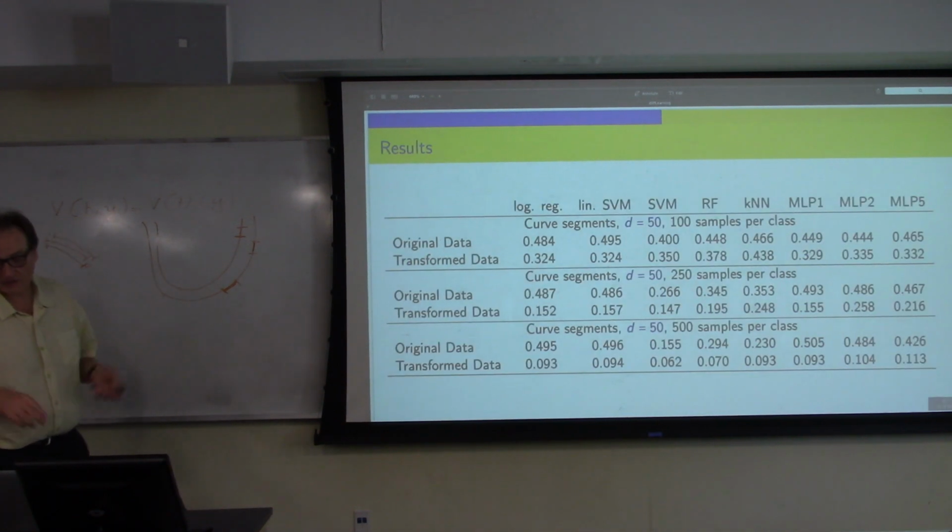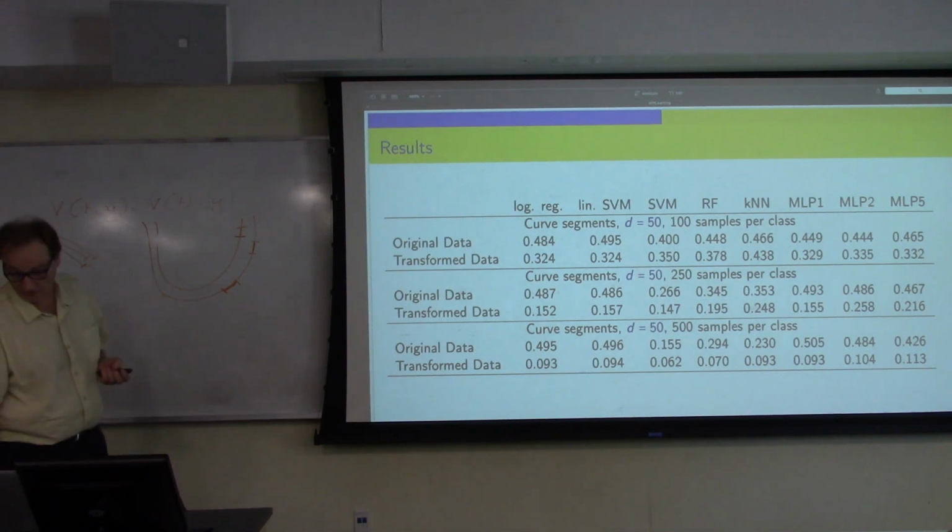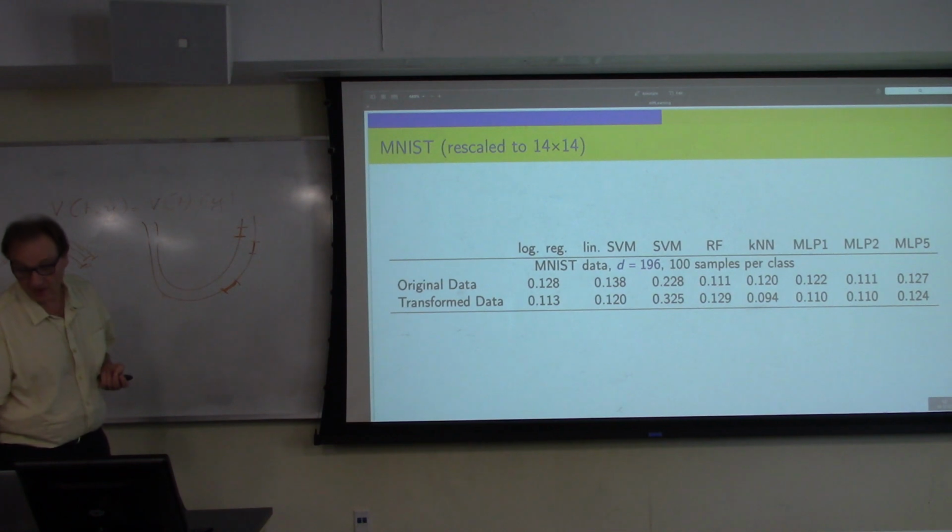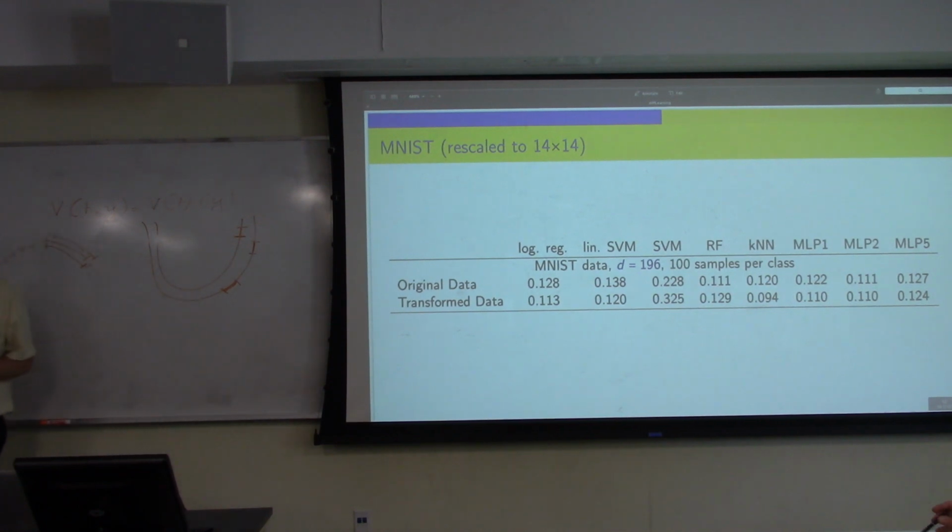Here again are the results that I get with this method, and maybe I should stop because there are many of them. I tried a small MNIST data set, so 100 samples per class.